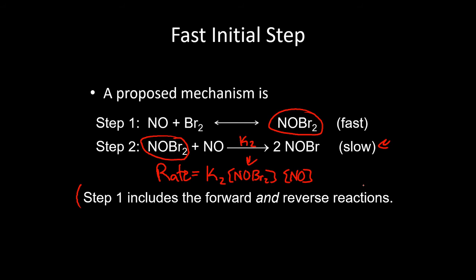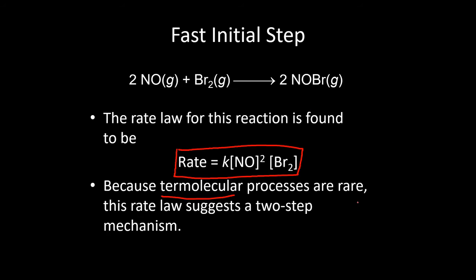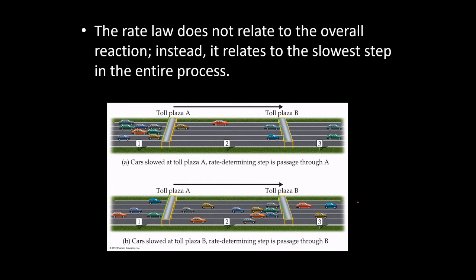So because the second step is slow, if we go back to our example here, because the second step is slow, the reactants, or the molecules that are produced in the first step, are kind of in a traffic jam, waiting to get through the second step. Now this is where the analogy breaks down.